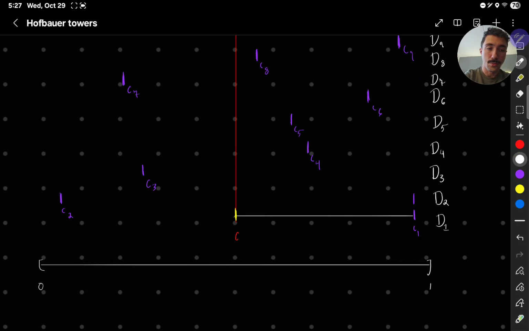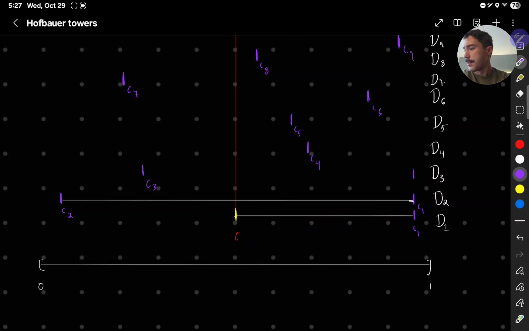And then I'm going to connect the two endpoints by a line segment. C1 again. Now, let's ask, does C cut D2? Does D2 contain C? It does, so I write C1 again.